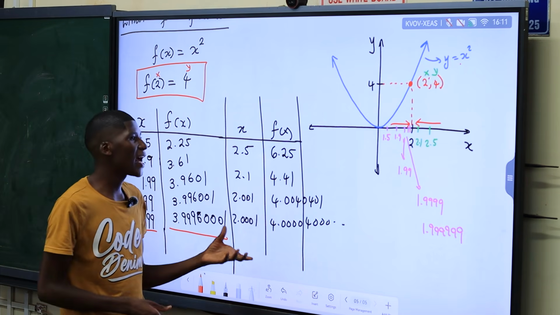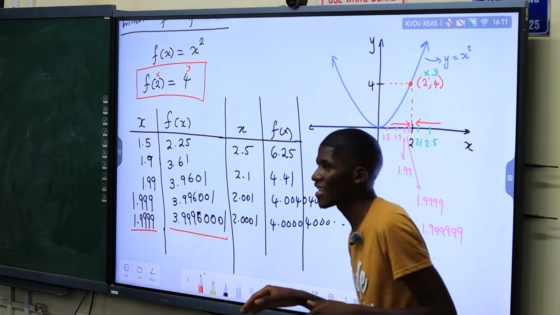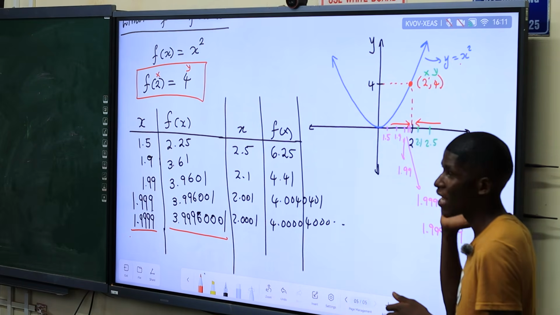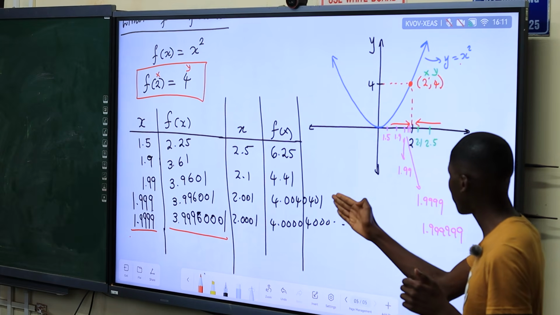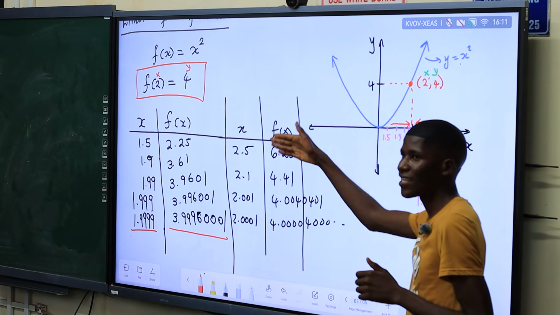Then we do a similar approach, but now we are coming from the right, so our numbers decrease. Moving from right to left, you are decreasing the values, like moving from 3 to 2, 2 to 1.